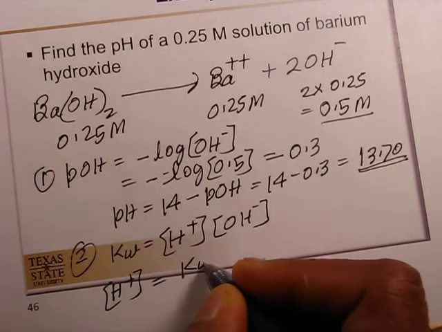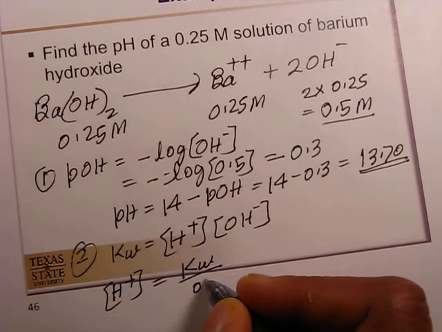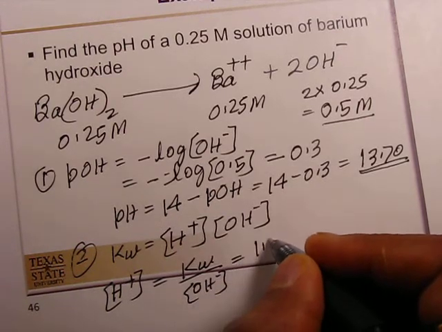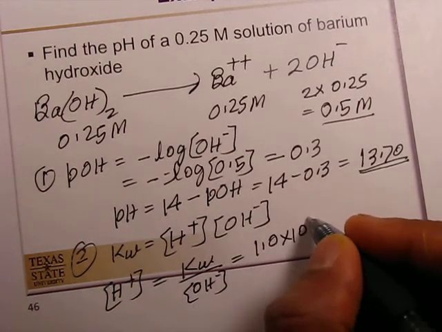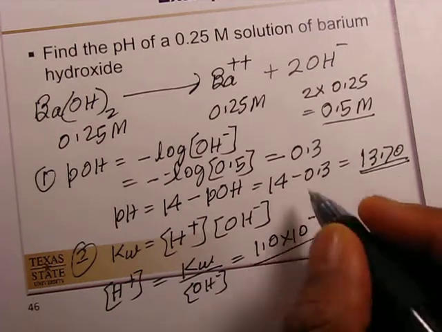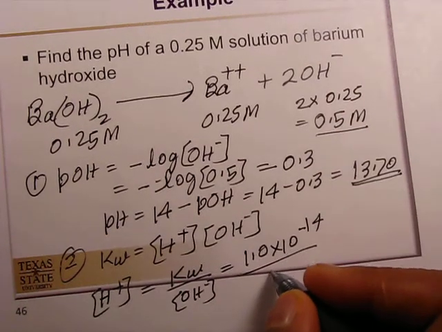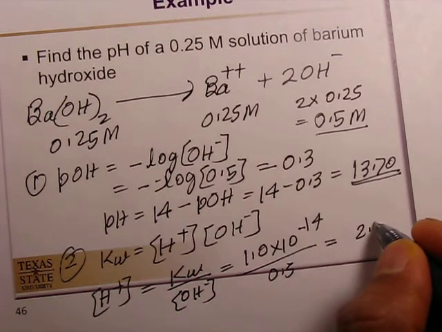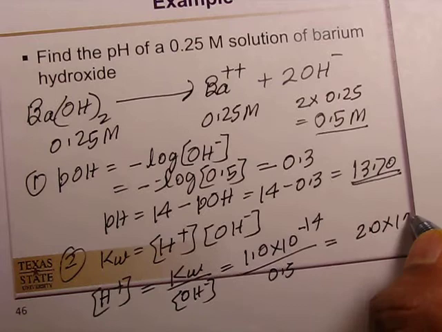So this will be Kw divided by the OH concentration, and Kw will be 1.0 times 10 to the power minus 14, divided by the hydroxyl ion concentration we know, which is 0.5. Once we solve, this will come to 2.0 times 10 to the power minus 14.